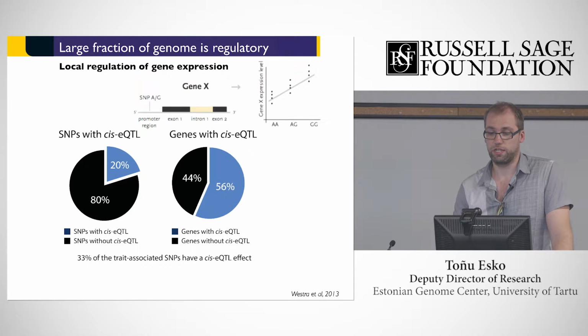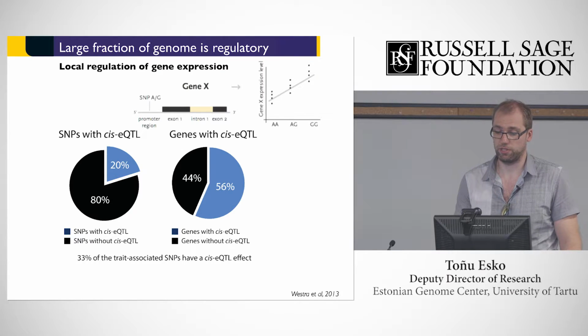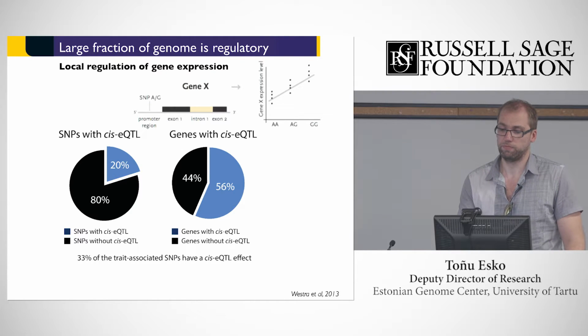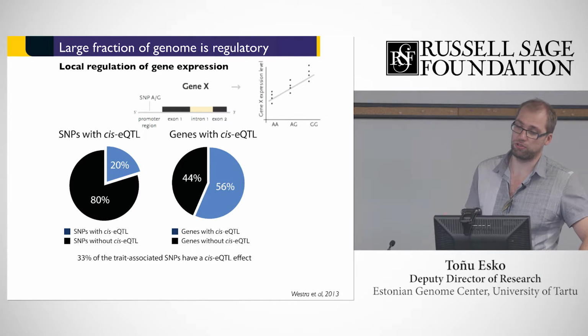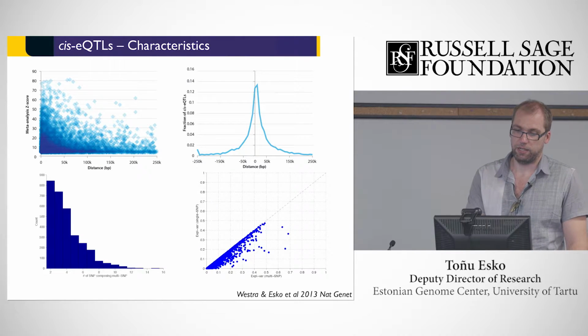And again, quite surprisingly, for roughly half of the genes in blood we could detect a genetic variant that affects gene expression. So in a way, it proves that blood is a rather good model for finding the causal genes, or for seeing whether the variants we identified could have functional consequences.